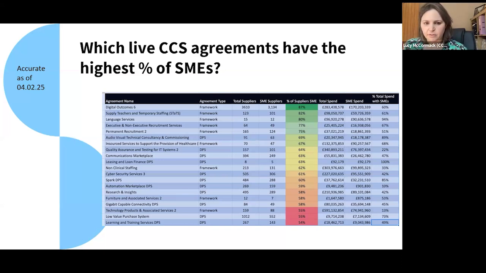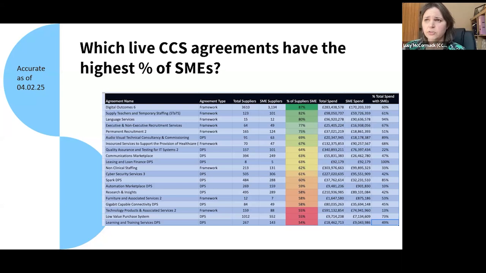G-Cloud is absent from this, and many of you may be familiar with G-Cloud if it's the only CCS agreement you've heard of. That was because we didn't have the correct information at the time, because the latest iteration of that agreement was very new, but it would feature right at the top if it was on here. Some of these agreements, the frameworks listed at the top, are not a surprise in terms of the highest percentage of SMEs, because of the nature of the services that they offer.